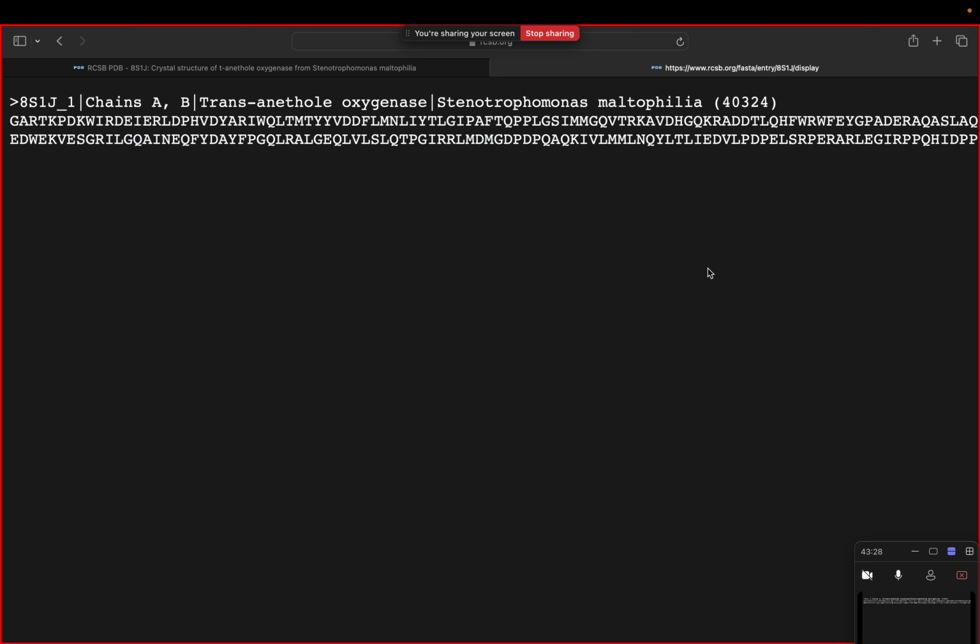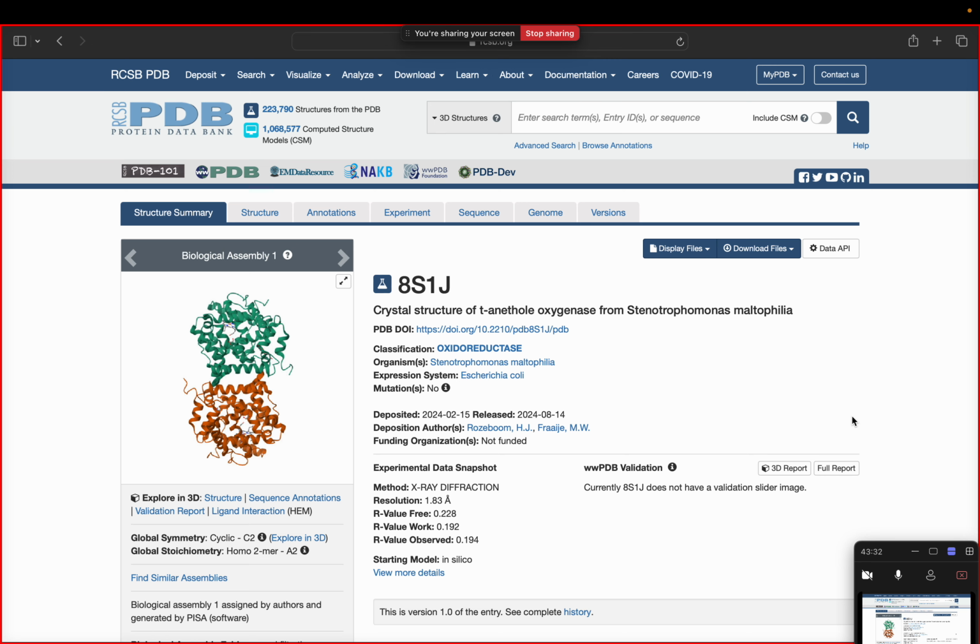So this is the FASTA format of this particular protein, and we can use this to get the information of all the things, correct? We might take an example in the next class and go from getting the sequence to visualizing it and understanding the basic properties based upon the structure itself.